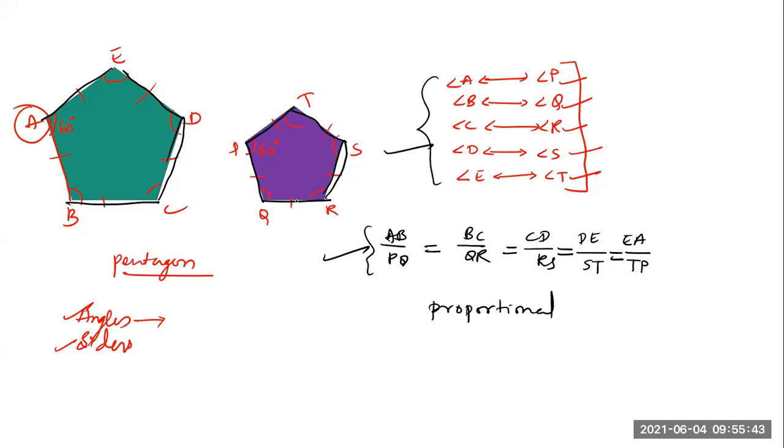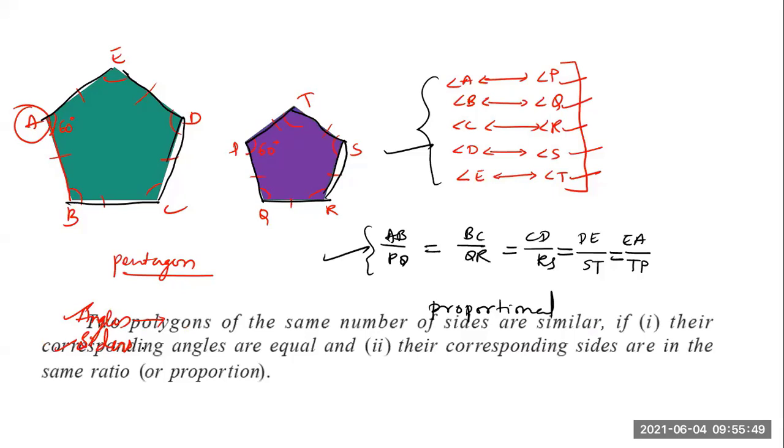Are you clear? Yes, sir. Okay. So then we can write two polygons of the same number of sides. The number of sides should be the same. Here 5 sides and here also 5 sides.